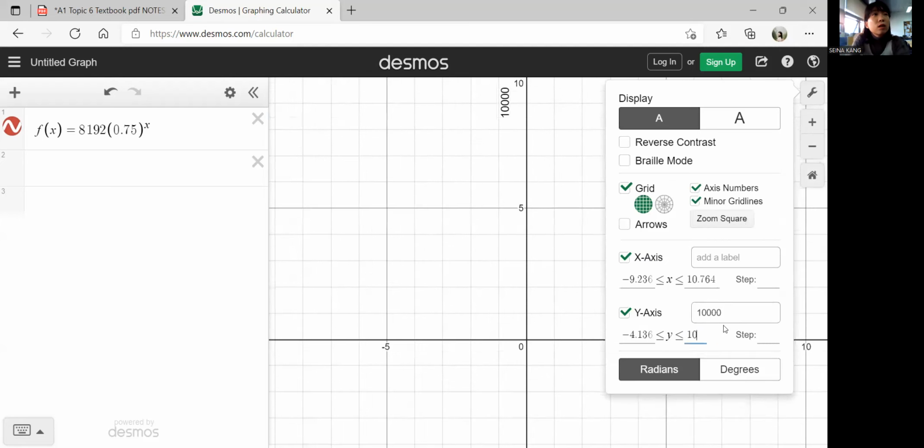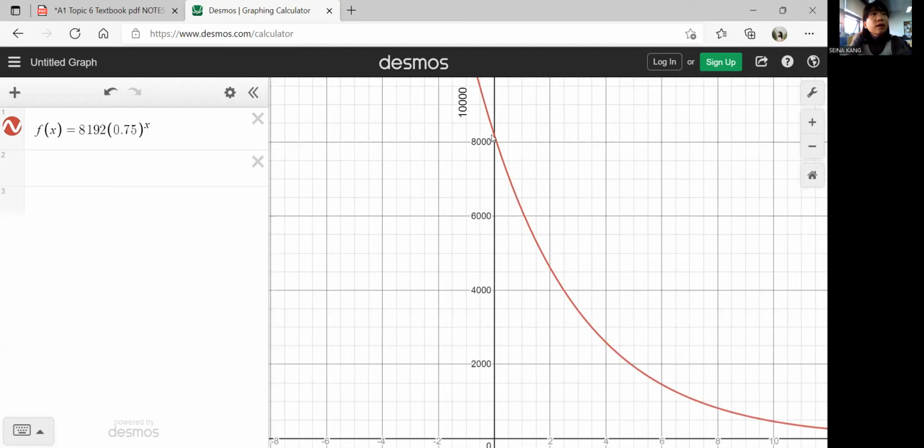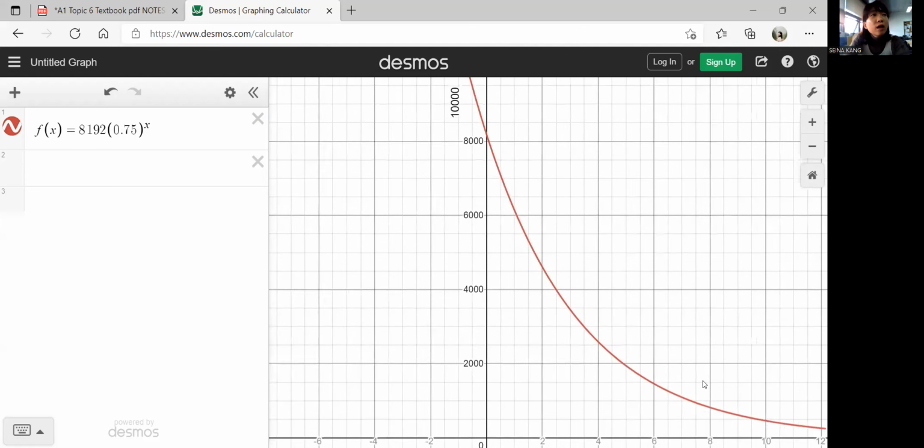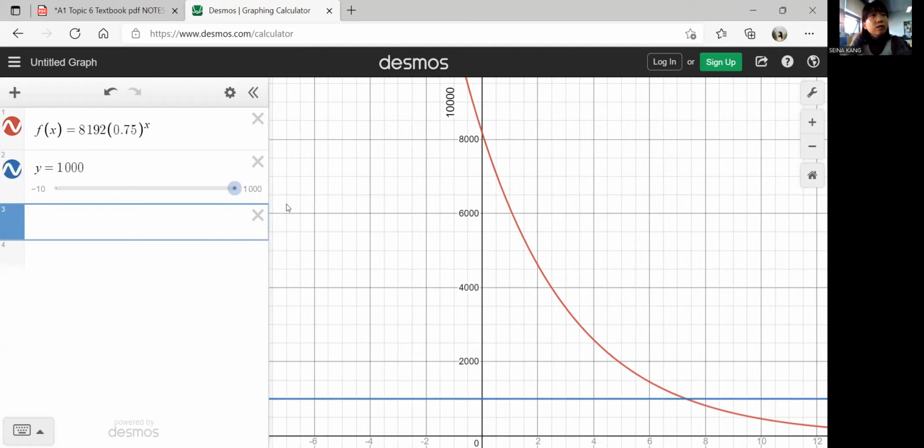All right, 10,000 over here. There you go. Then you start with 8,000 something, right? And then you want to find the line where it hits 1,000, right? So your 1,000 line is over here. So put another line. That's when y is equal to 1,000.